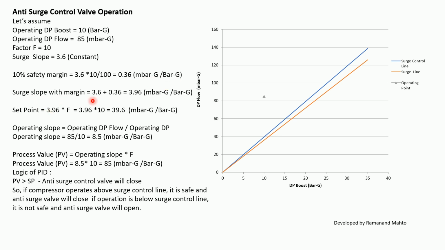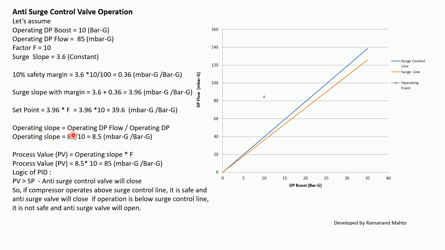Surge slope with safety margin is 3.6 plus 0.36, which is 3.96 millibar gauge upon bar gauge. Set point will be 3.96 into F, which is 3.96 into 10, which is 39.6.